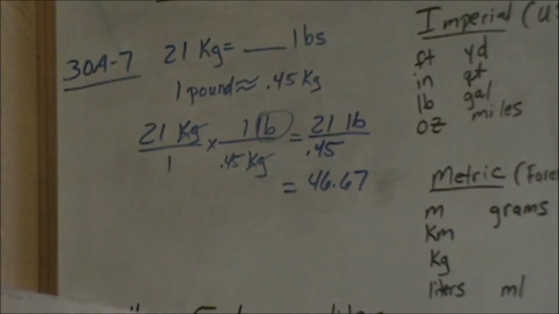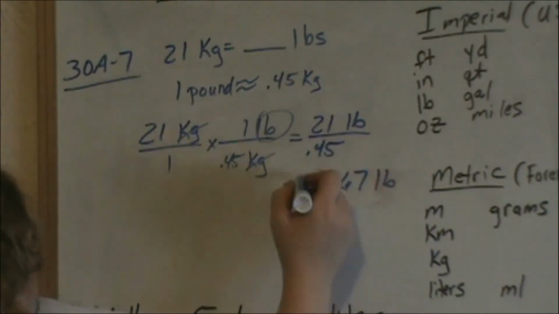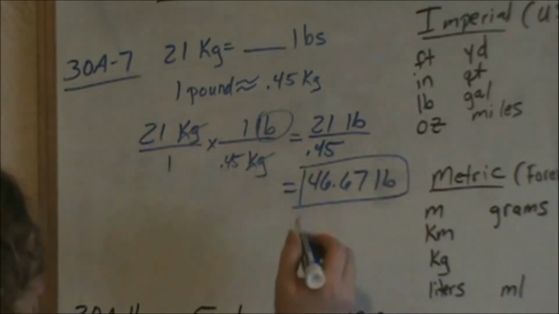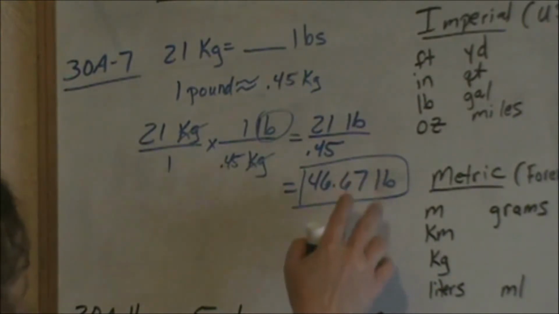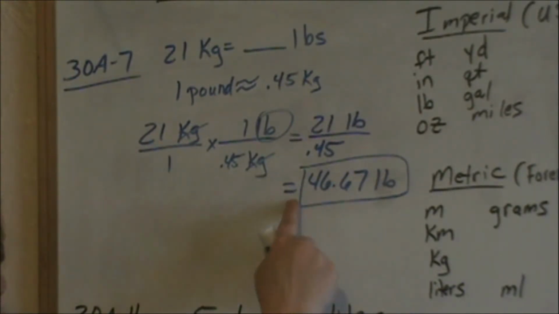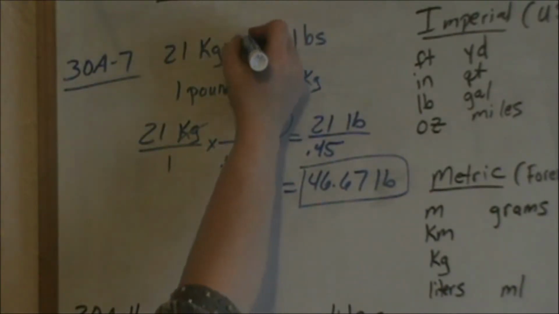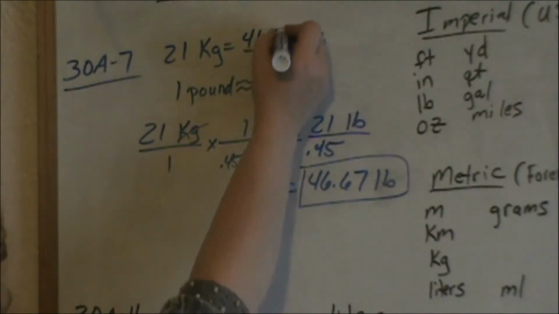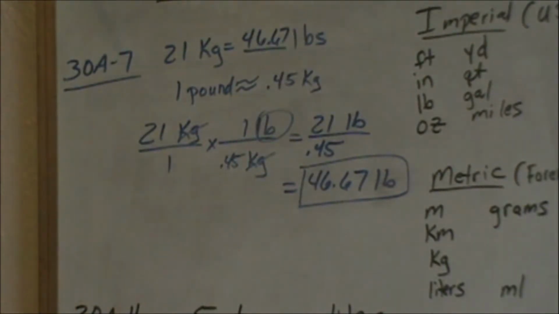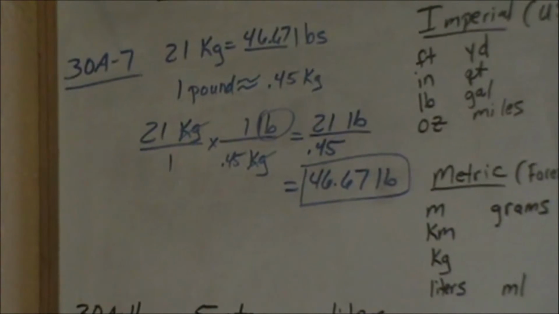I'm going to round to 2 decimals, pounds. I recommend that you usually go to 2 decimals. That's always a good number of decimal places to have. So 21 kilograms is approximately 46.67 pounds.